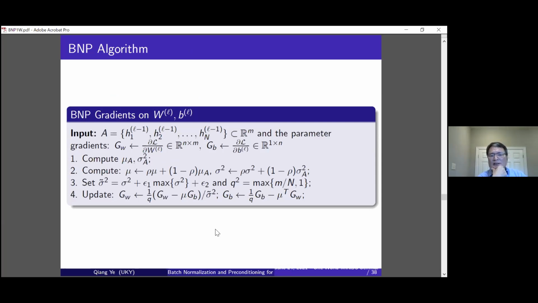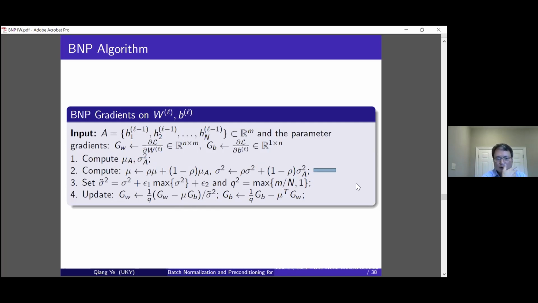All right, so here's just a summary of the preconditioning method that we have talked about. Basically, in neural network training, we just train as usual, compute gradients of weight and bias, and then you take the mini batch input to the layer A. We compute the mean and variance of that, and for practical purposes, we use some moving average of the mean and variance.